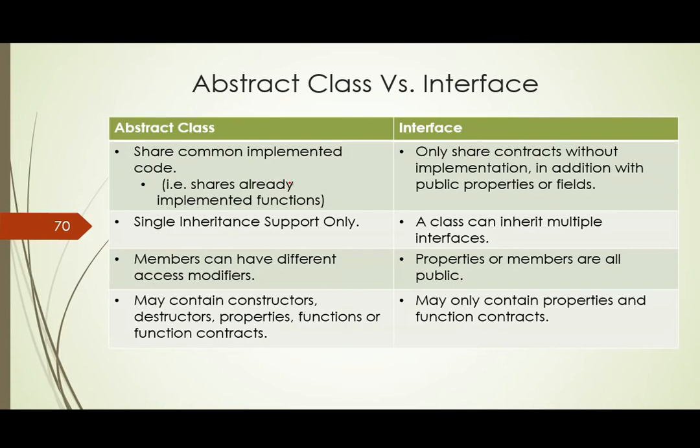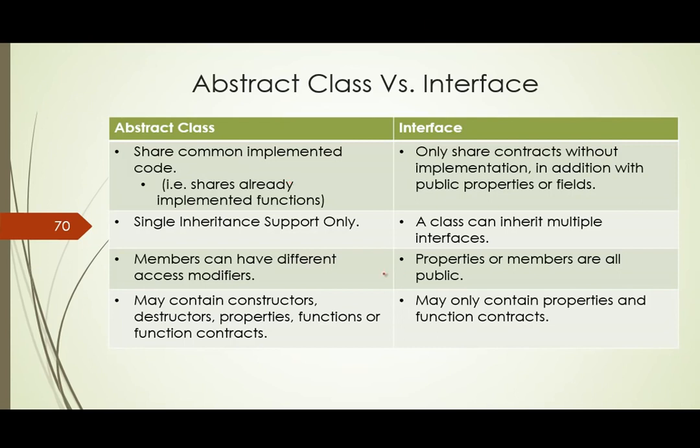So abstract class versus interface is a very interesting topic, and you should know those. These are very important. An abstract class can implement or share common implementation, but on the other hand, an interface couldn't have any implementation. It will only keep properties and the method names. That's it. Single inheritance only is supported for abstract classes.